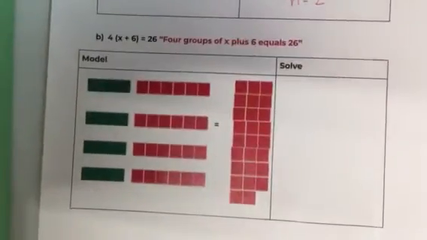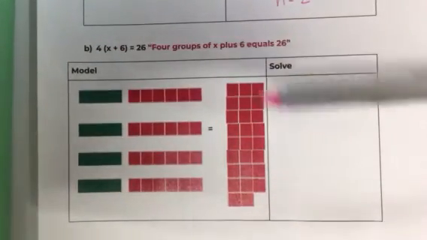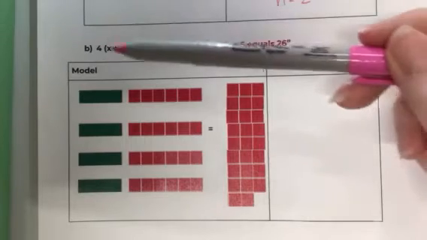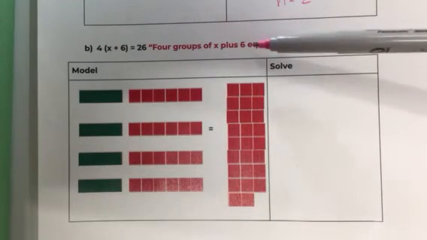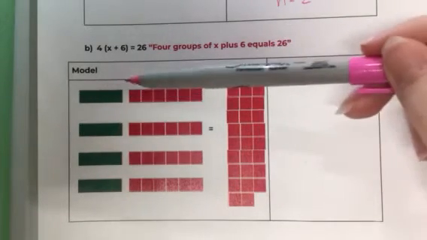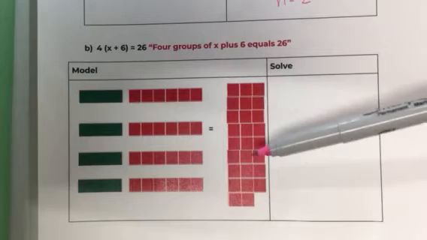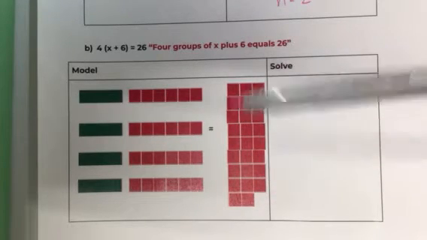So let's take a look at what that looks like with algebra tiles. I'm using X tiles here. So this means that I have 4 groups of x plus 6, and that's going to equal 26. Up here, this is x plus 6. If you see any white tiles, those would imply negative values.